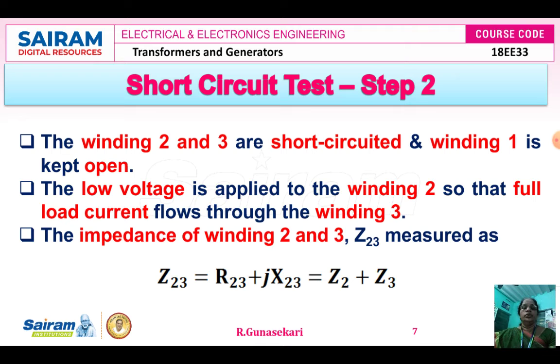Now we measure the impedance of windings 2 and 3, that is Z23 equal to R23 plus jX23, equal to the combination of Z2 plus Z3.